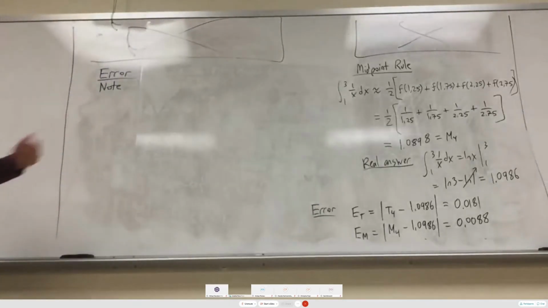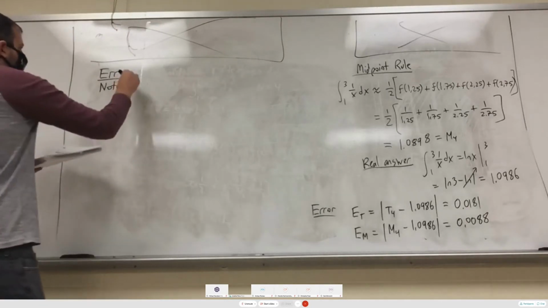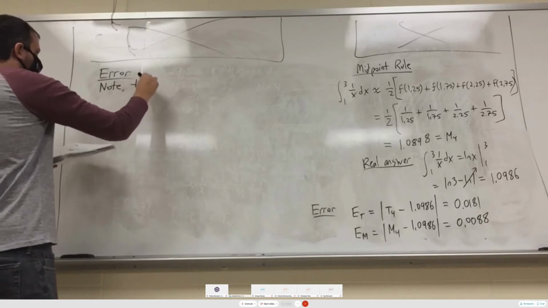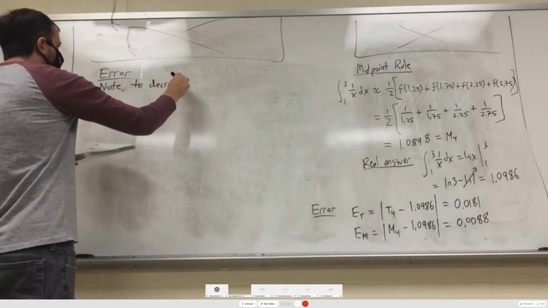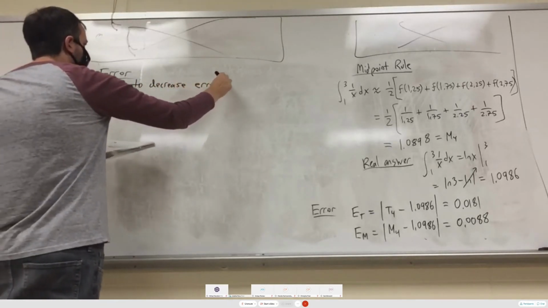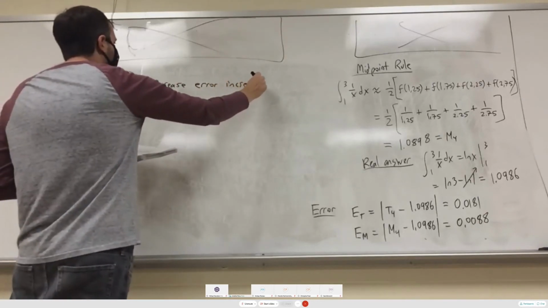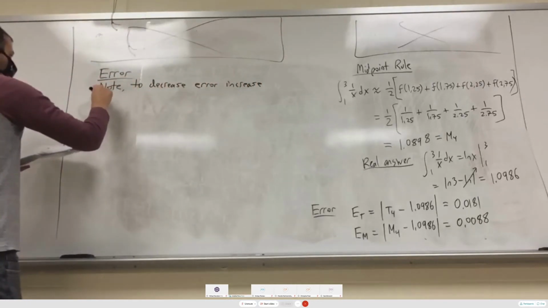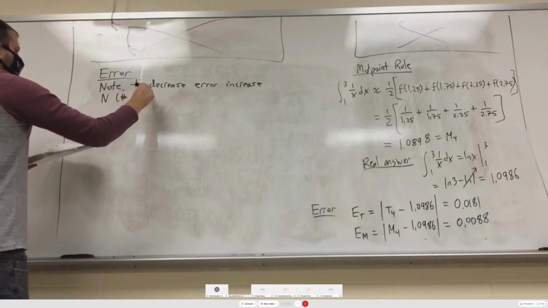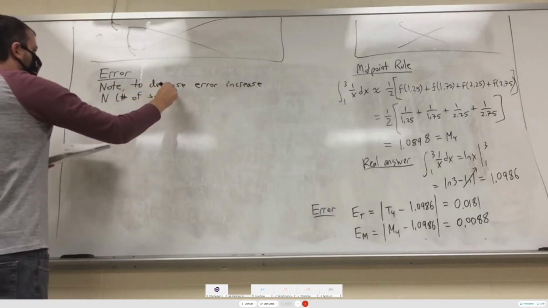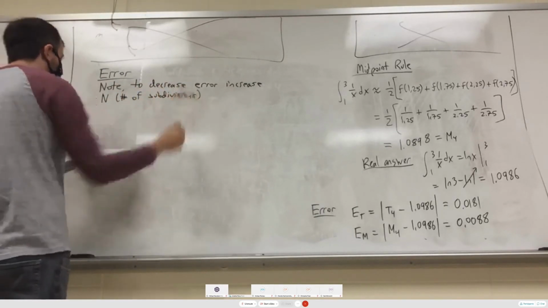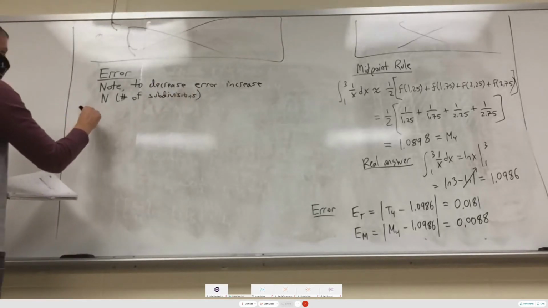So basically more subdivisions overall, basically increasing the n, and that would get you better and better results. So I'm going to just say as a general rule, to decrease the error, you're always going to opt for increasing n, which is the number of subdivisions.